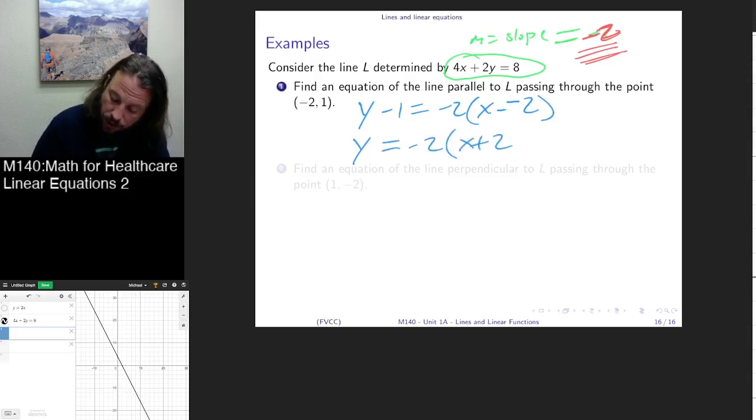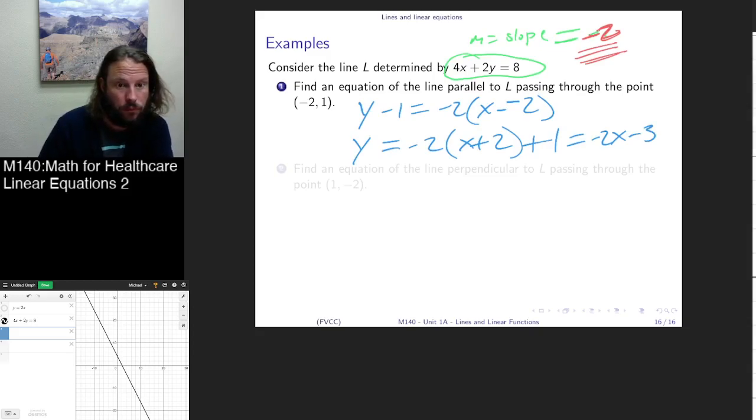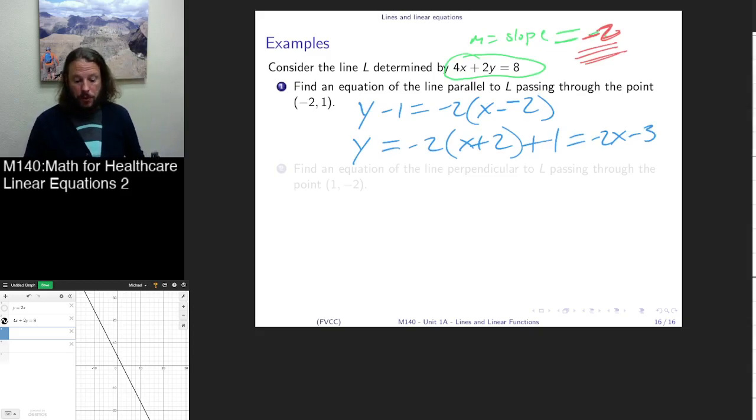A negative times a negative is positive. Plus 1, because I added that 1 to both sides. If you want to see it in slope-intercept form, we could distribute the negative 2, and we get negative 2x. Then negative 2 times positive 2 is negative 4, plus 1 is negative 3. Okay, good.